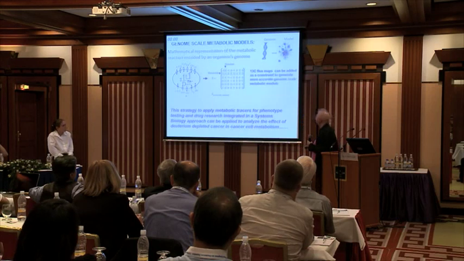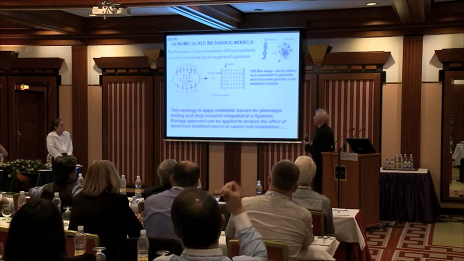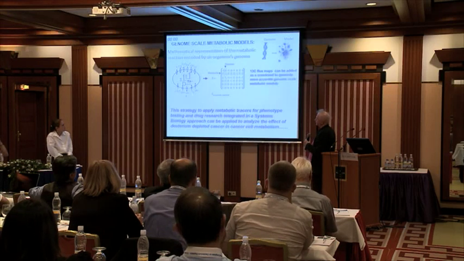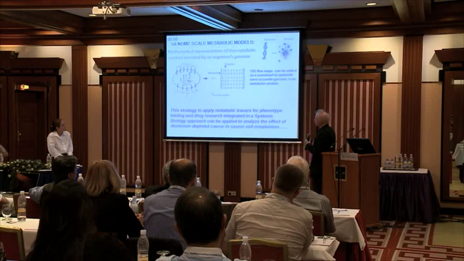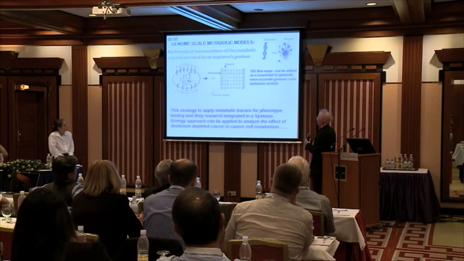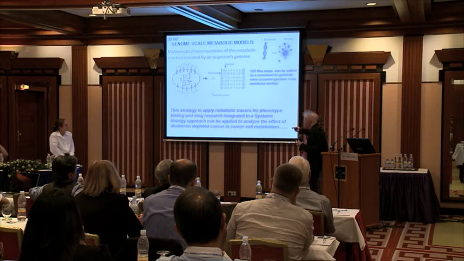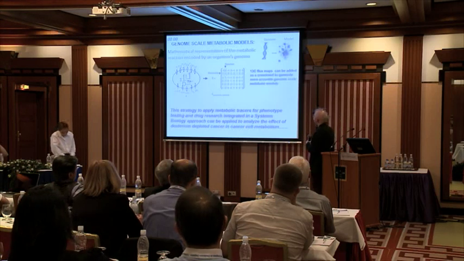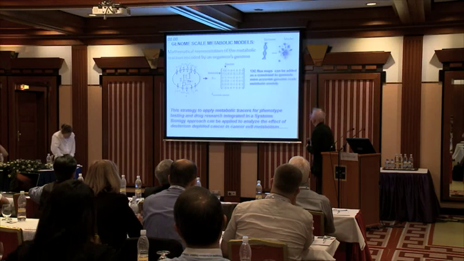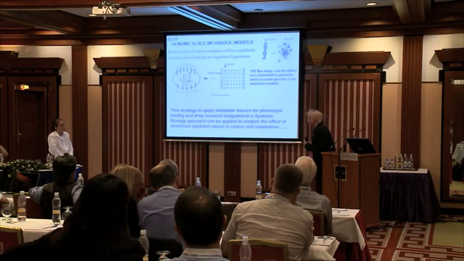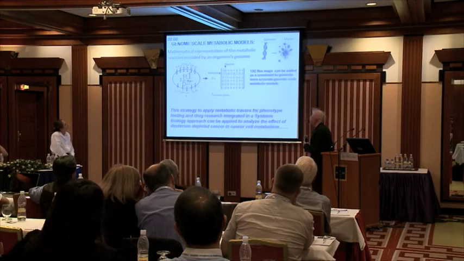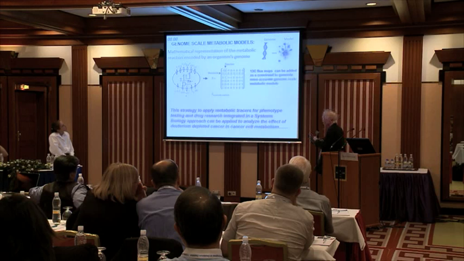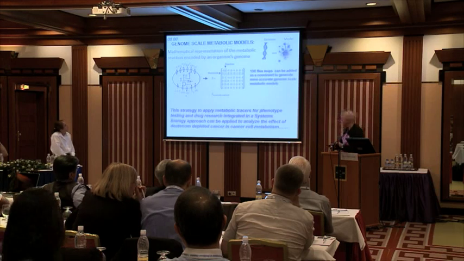So we really believe that introducing metabolic fluxes as a layer into these metabolic maps, mainly constructed from genomic and transcriptomic data, together with this carbon 13 experiment, will give us a more powerful tool to understand metabolic network reprogramming in a multifactorial disease like cancer.